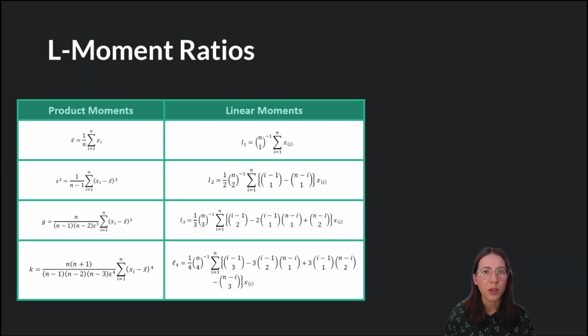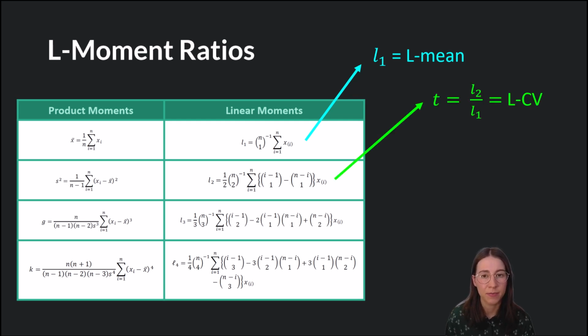When we use L moments, we typically summarize them into dimensionless quantities called L moment ratios. The first moment we typically keep as is, and this is called the L mean. This is actually equivalent to the traditional product moment mean. The second moment, dispersion, is summarized into an L moment ratio called LCV, which is the coefficient of variation. And this is calculated as the second moment divided by the first moment.